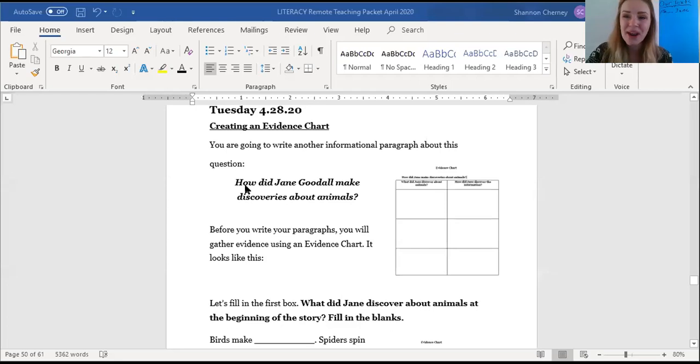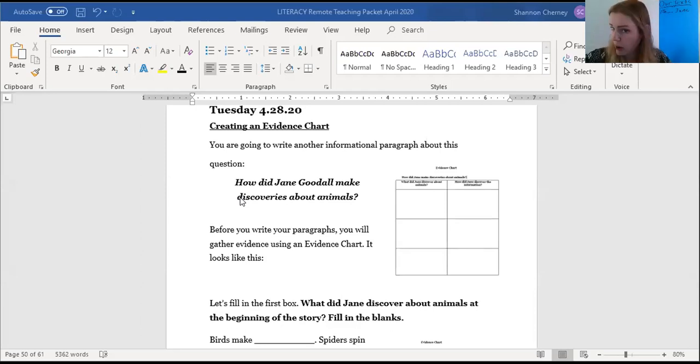Notice that the question that we're going to think about for our informational paragraph starts with the word how. This is telling us that we need to pay extra close attention to this second side of our chart.